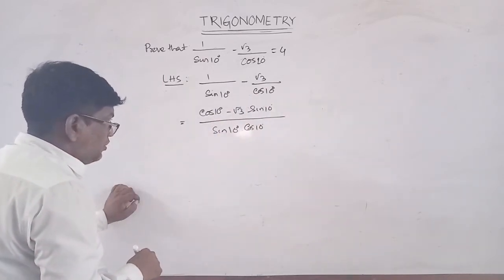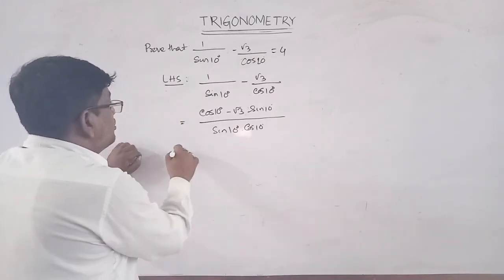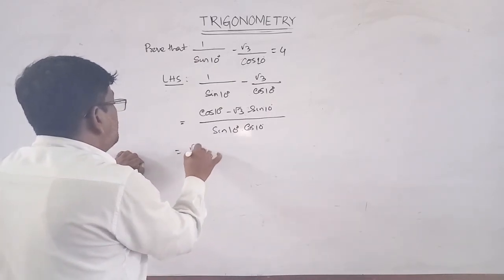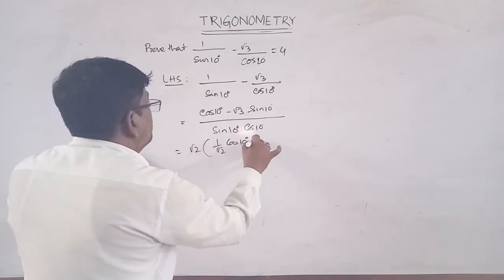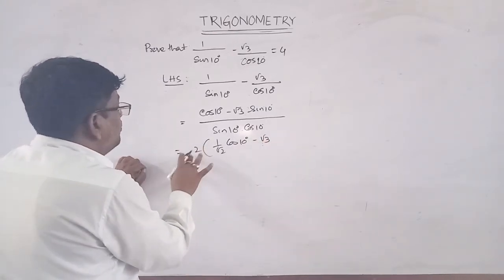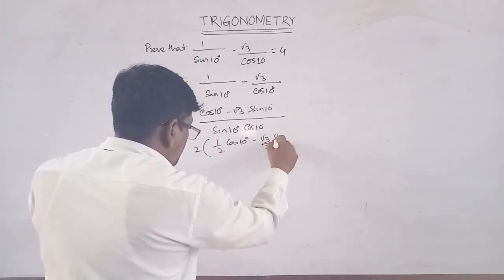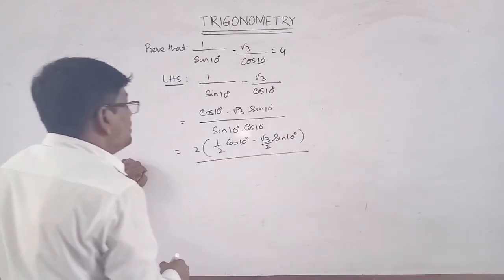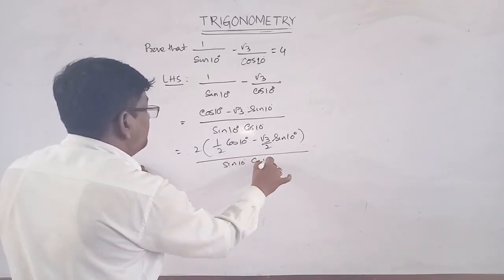Okay, so divide and multiply by 2. That is 2 into (1 by 2 cos 10 degree minus root 3 by 2 sin 10 degree) divided by sin 10 degree into cos 10 degree.